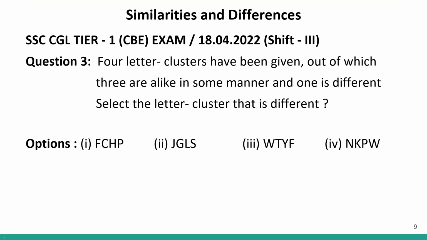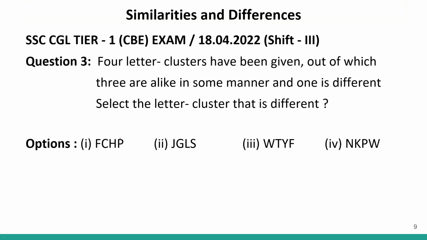Now, 4 letter clusters have been given, out of which 3 are alike in some manner and 1 is different, and we have to find that letter cluster which is different. So it is given something like this: FCHP, JGLS, like this. So these are 4 different series, as I said. This is the first series, this is the second series, and this is the third series.